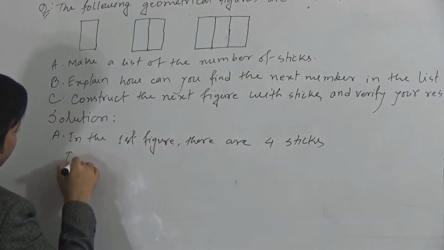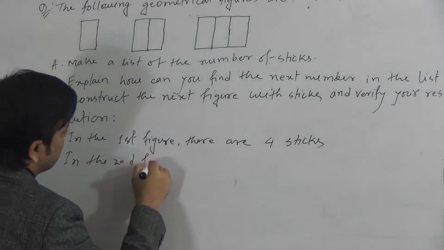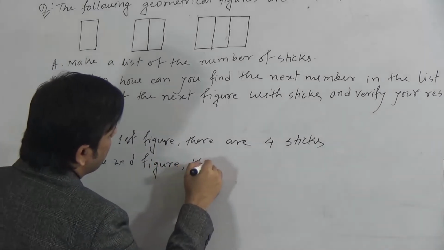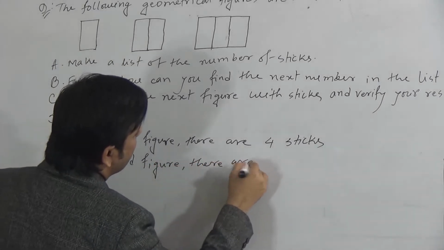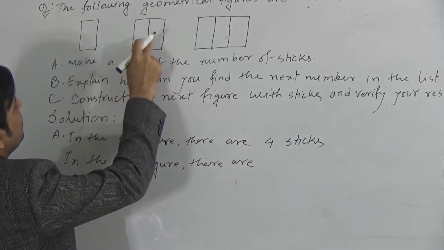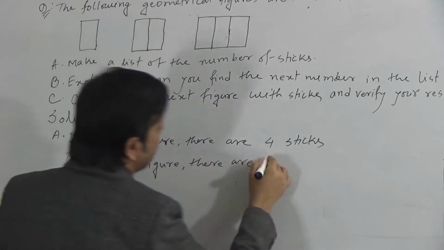In the second figure, there are how many sticks here? Count. 1, 2, 3, 4, 5, 6, 7. 7 sticks.